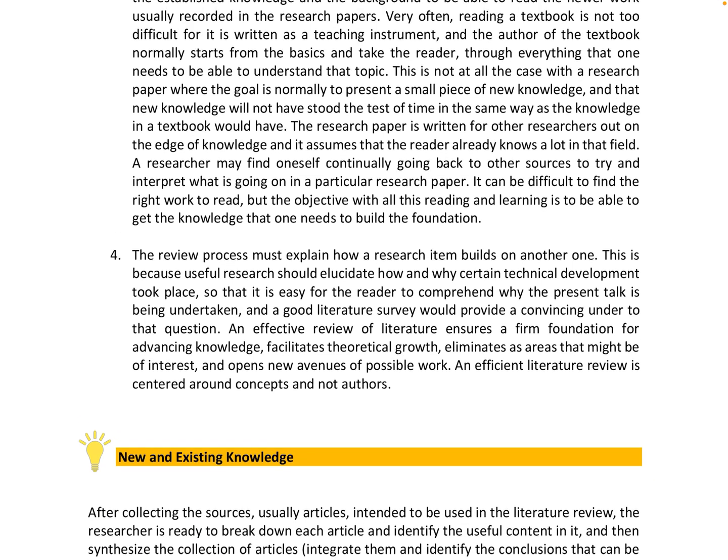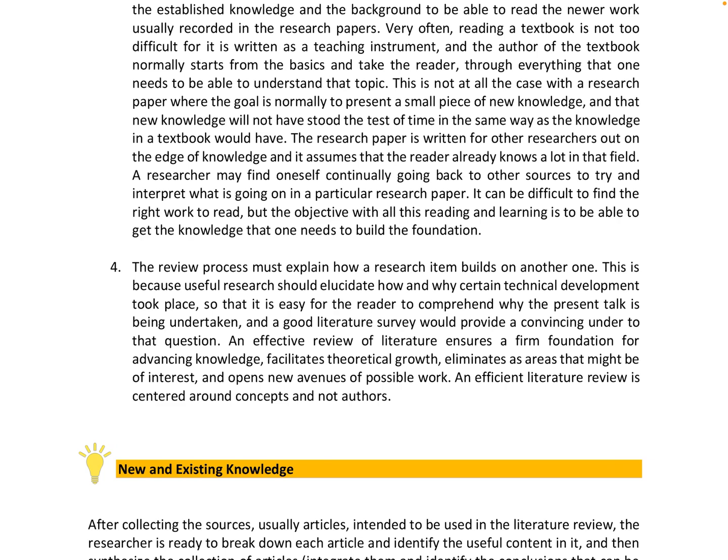So this is the reason why, when we do a literature review, our knowledge should be updated, because knowledge only builds up on previous knowledge and future forms of knowledge also build up on present knowledge.